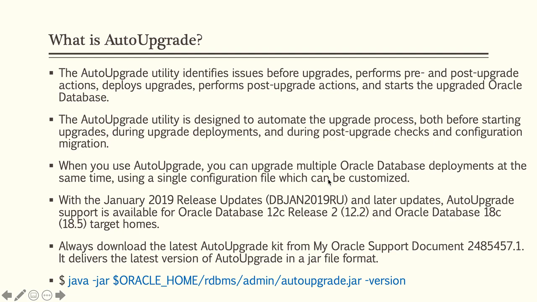You just have to edit a configuration file and mention all the databases on that server which you would like to upgrade. It is capable of upgrading 11g release 2 (11.2.0.4), 12c release 1 (12.1.0.2), 12c release 2 (12.2.0.1), and any 18c database to the latest version supported by AutoUpgrade.